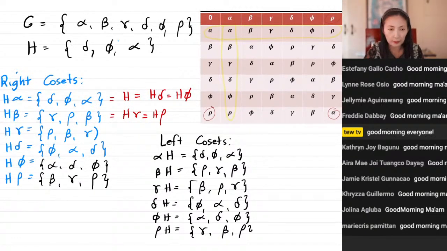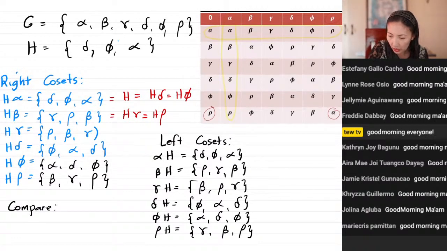Now, compare. What can you say about the left and the right cosets? I want you to compare H alpha and alpha H. Are they equal?